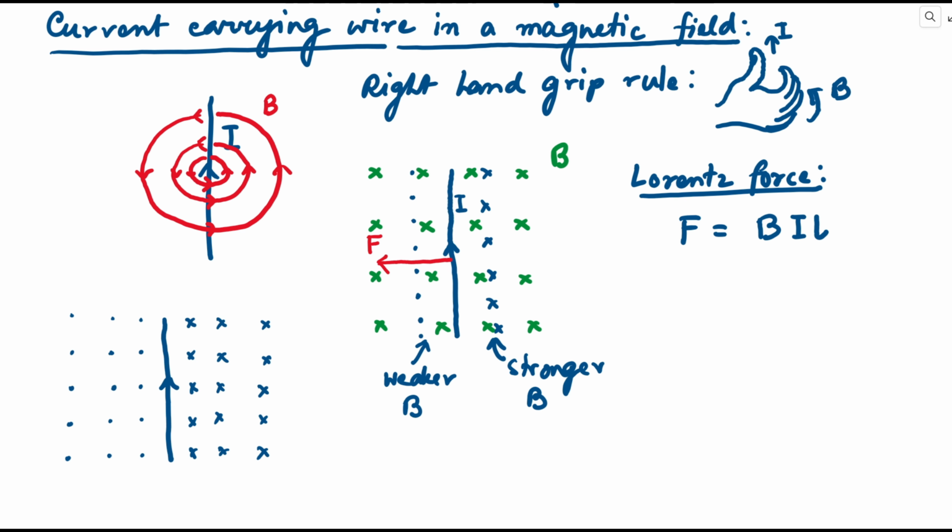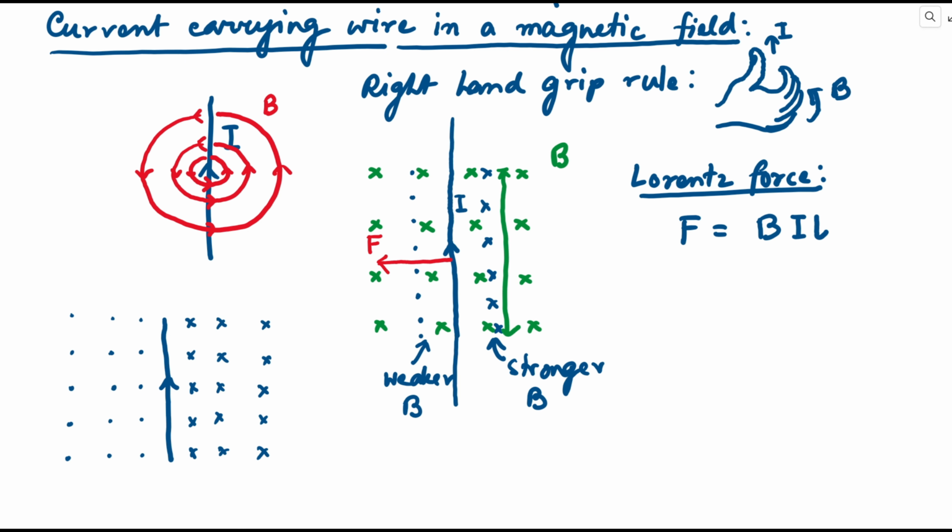Now you have to be really careful about this L over here. So this wire can be longer and part of it could be outside the magnetic field as well, but only the part that is within the magnetic field is actually interacting with that external magnetic field, and therefore the length of the wire that is responsible for this Lorentz force is only this length over here.